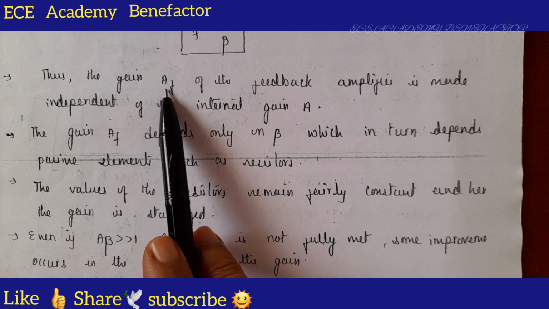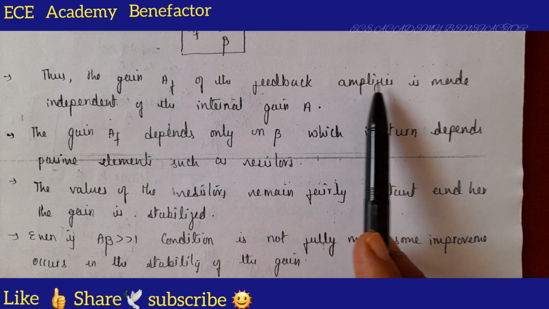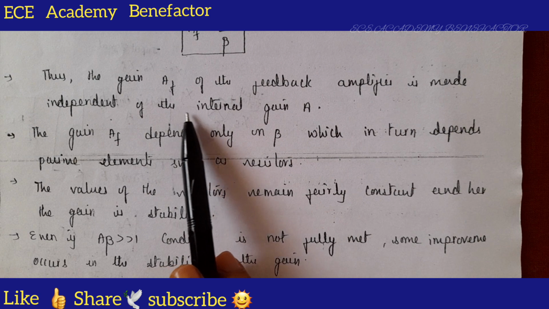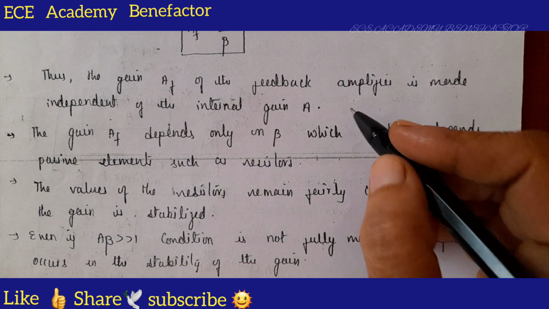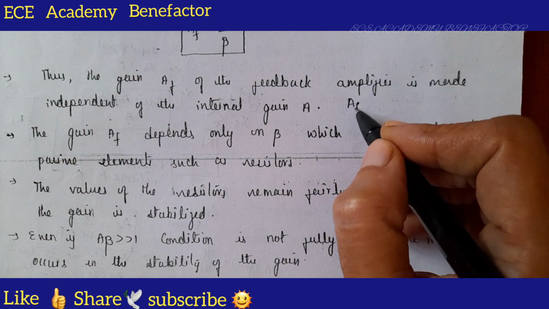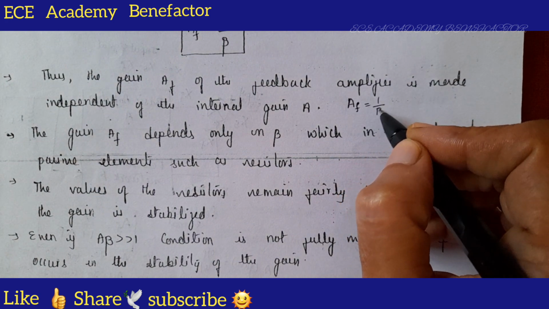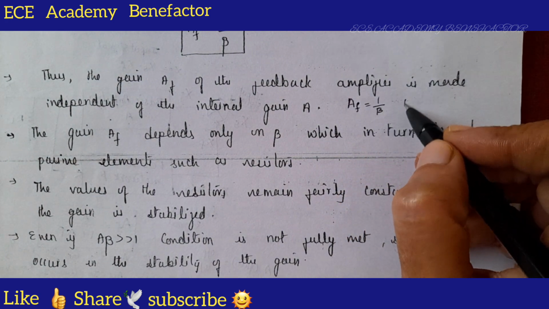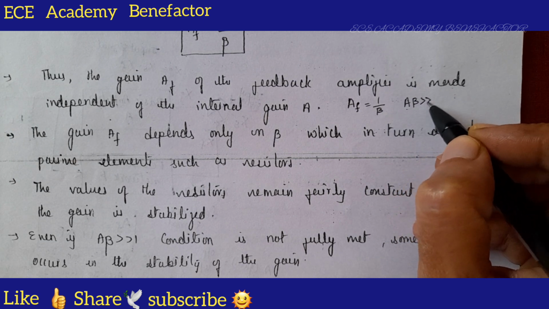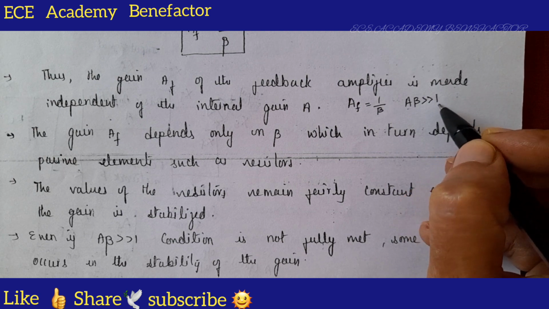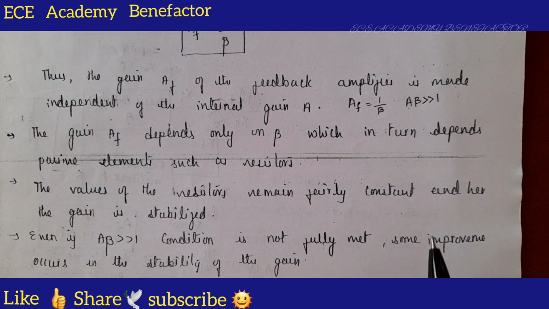Thus, the gain AF of the feedback amplifier is made independent of the internal gain capital A. How is it made independent? Because AF is only dependent on beta. It is made independent of internal gain A by taking the assumption that A beta is very large compared to 1.